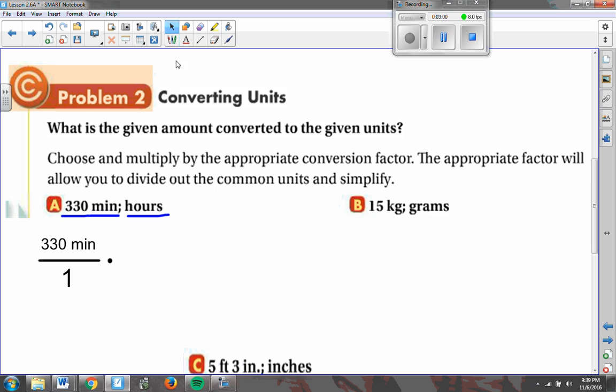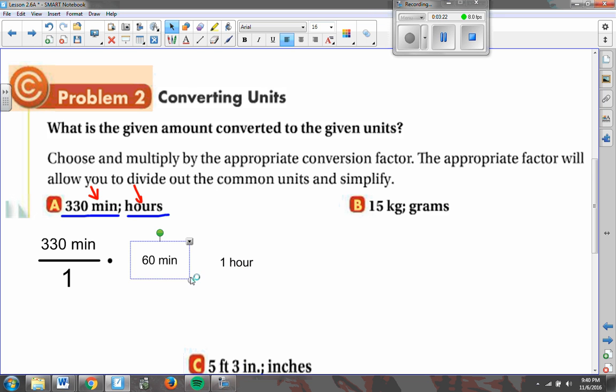And now I am going to multiply this by a conversion fraction. The conversion fraction is somehow going to involve my two units, minutes and hours. The question is, how many minutes are in an hour, and where should each of those go? Well, hopefully we know that there are 60 minutes in 1 hour, right?